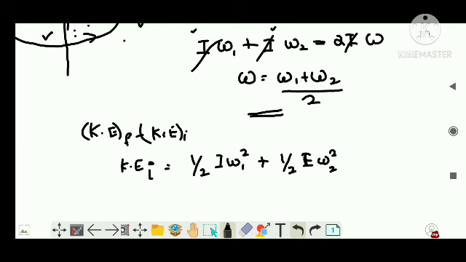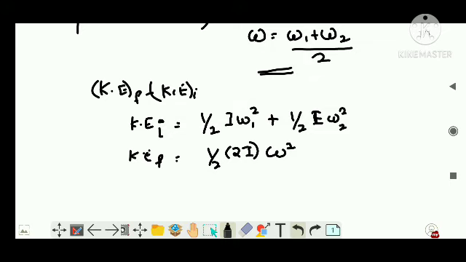Now what will be the final kinetic energy? It will be half the moment of inertia of the entire entity, 2I, into omega square, the velocity of the entire entity. Now here I can cancel 2, so I'll get I times omega square. What is omega? That is omega 1 plus omega 2 divided by 2, whole square. So omega 1 plus omega 2 by 2 whole square.